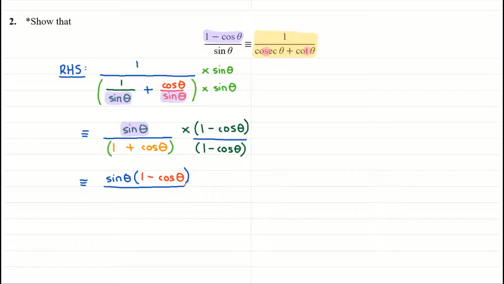Okay, and in the denominator, what's going on here? Well, this is where it gets interesting. We have got in the denominator 1 plus cos theta and 1 subtract cos theta. So we have the difference of 2 squares. Perhaps just make a note of this. So we've got the difference of 2 squares.